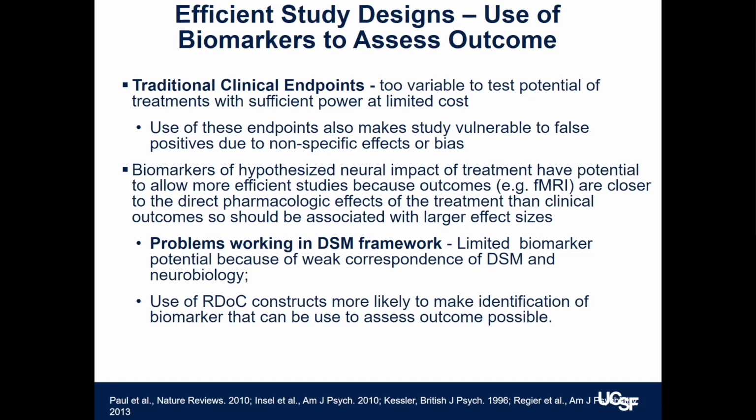Now we have a big challenge. When you work with DSM disorders, we have limited capacity to do biomarker development. So, for example, if I said I'm going to work with schizophrenia, well, there are all kinds of hypotheses about where in the brain an antipsychotic treatment might work, or some kind of treatment might work to mediate schizophrenia.